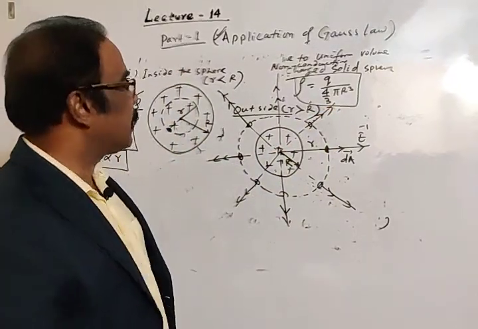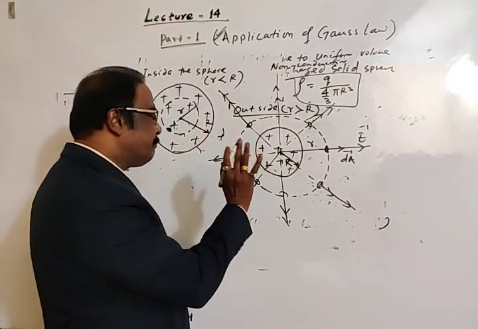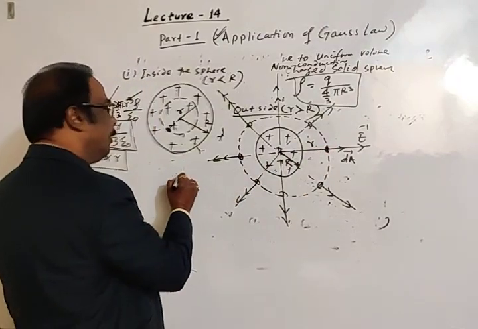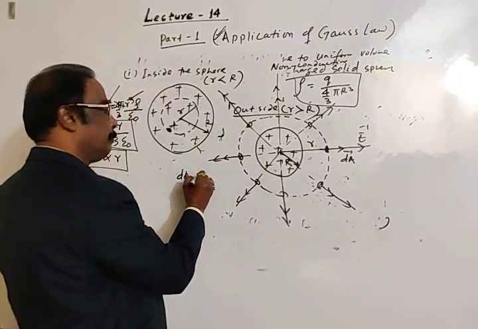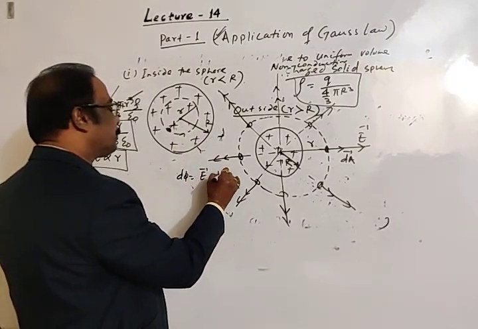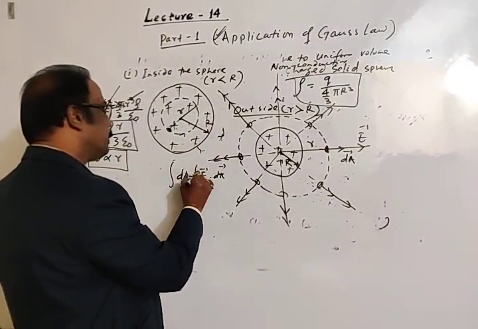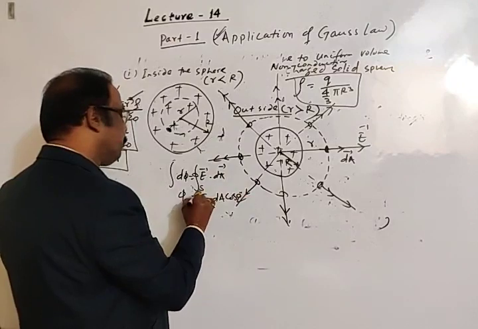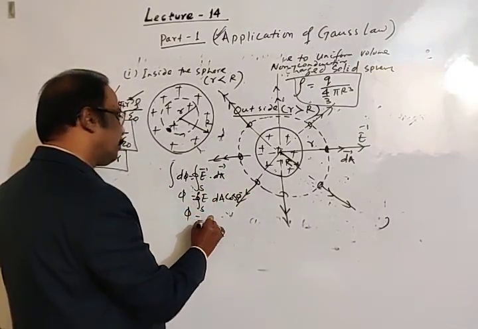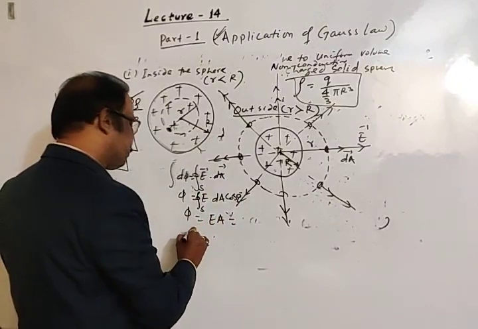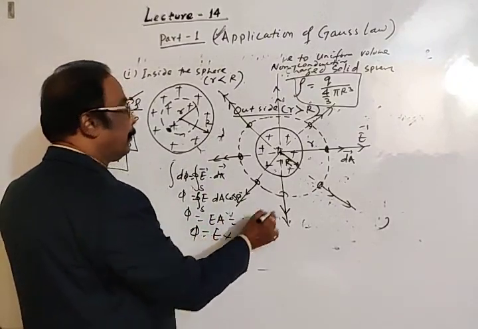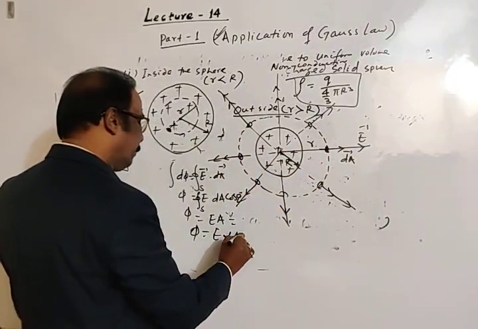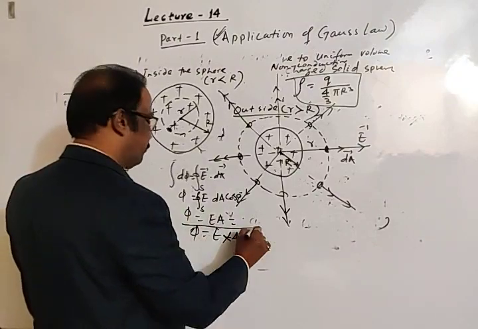Okay, outside the surface, the same form here, considering this elemental area, dφ is equal to E dot dA, the same process, surface integral E dA cos 0 degree, then φ is equal to E times A, and this is φ equal to electric field times the area of this Gaussian surface of radius r, then electric field times 4π r square.